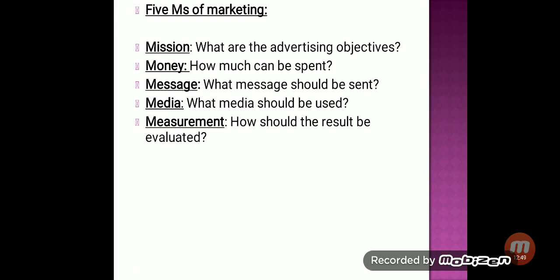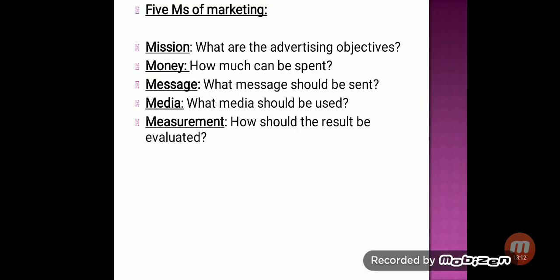Next, 5 M's of marketing, or you can say advertisement. First M is mission. What are the advertising objectives that we discussed in the previous slide? 4 objectives can be there. Second one is money.